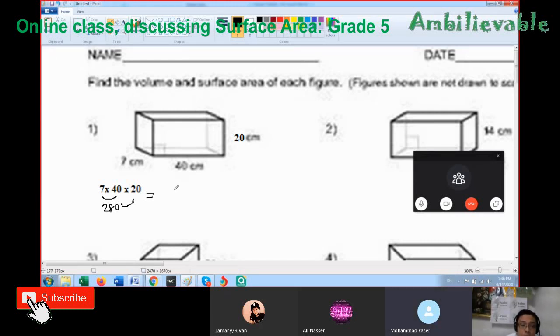Then add back the zeros: 5,600. So the answer is 5,600. What is your unit? Cubic centimeters.